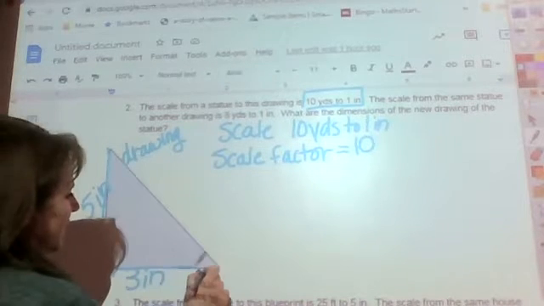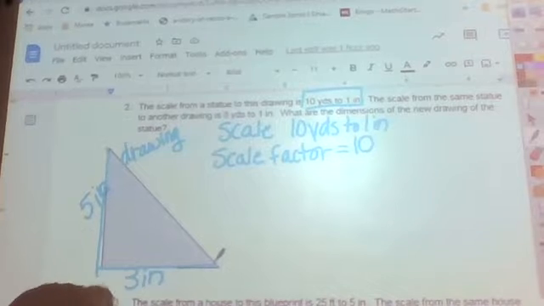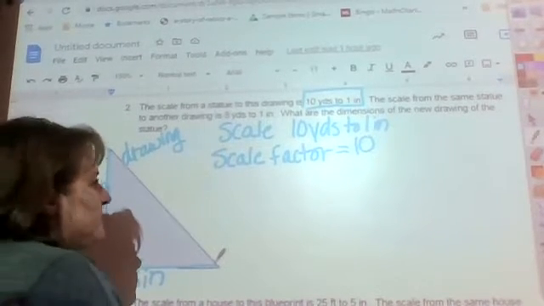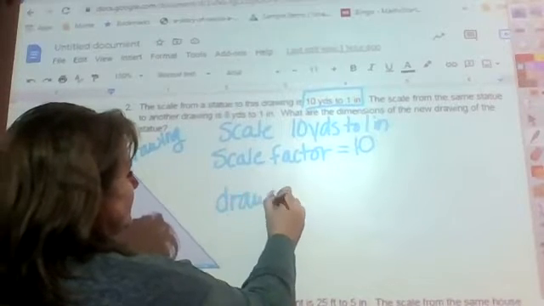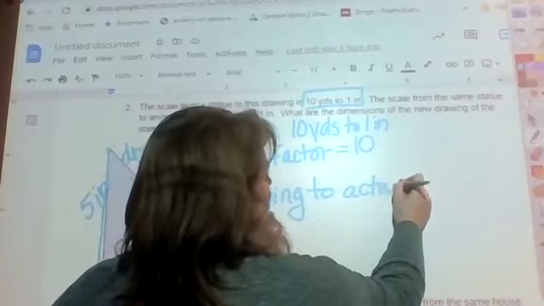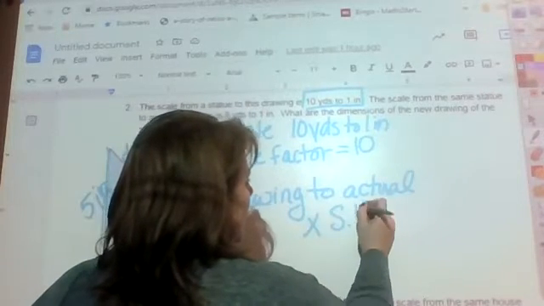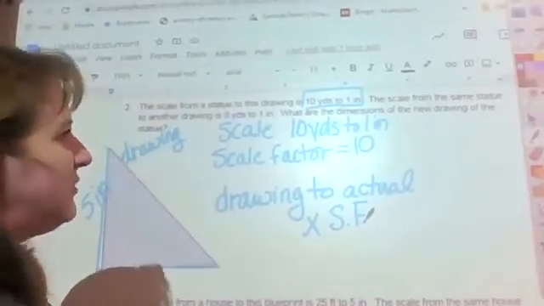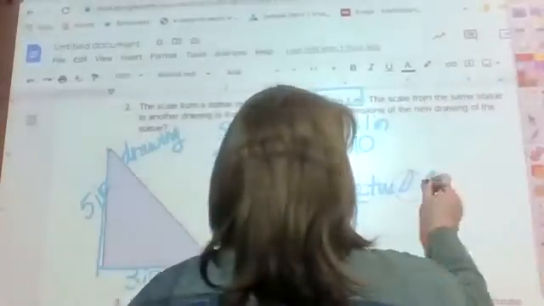Sorry, I said feet, I think. 10 yards in real life. So remember, when you're going from a drawing to the actual size, you multiply by the scale factor. So here we go.